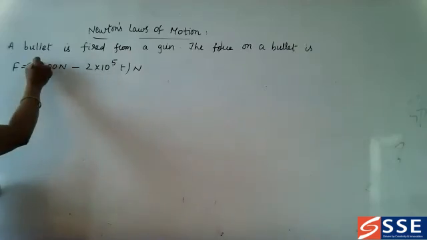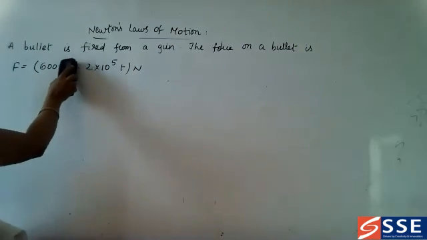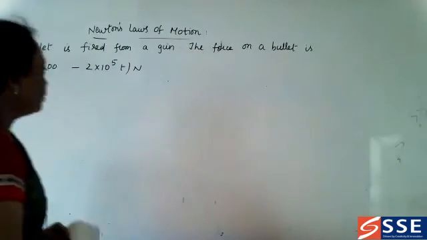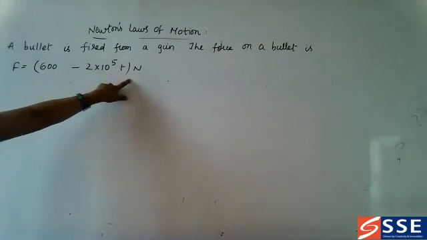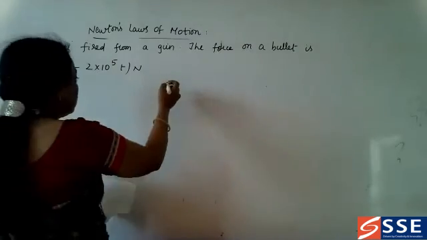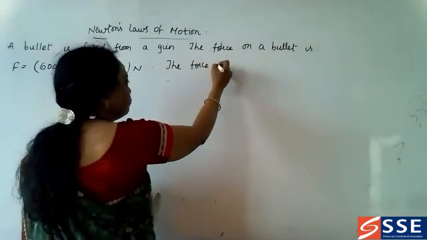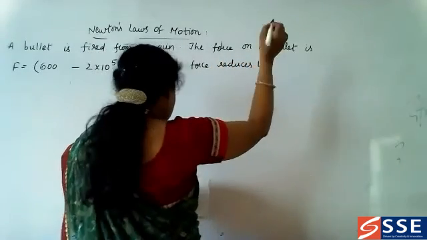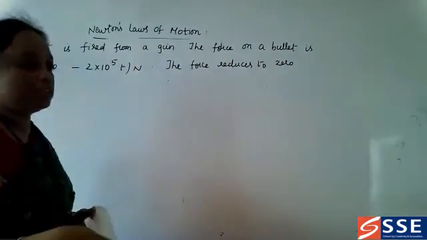So this is the force given, ma. So F is equal to 600 minus 2 into 10 power 5 T Newton has been given. The force reduces to, next will be the force reduces to 0. So F is equal to 0.